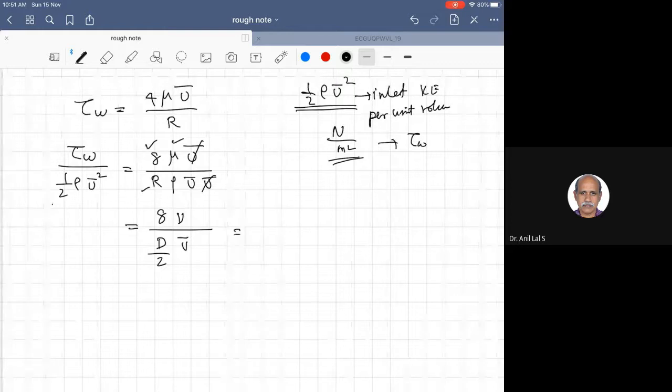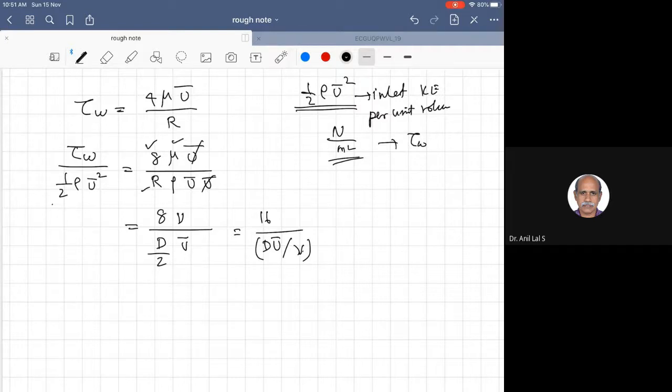And this comes to 16 by D u bar by nu. So this D u bar by nu is a dimensionless quantity. The numerator has the inertia force and the viscous force, and that simplification also gets into this dimensionless group.